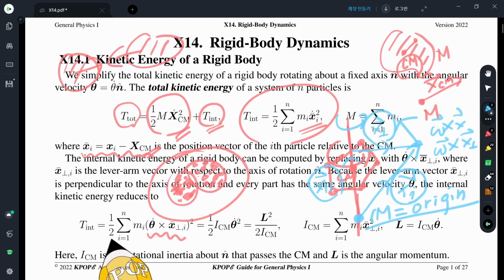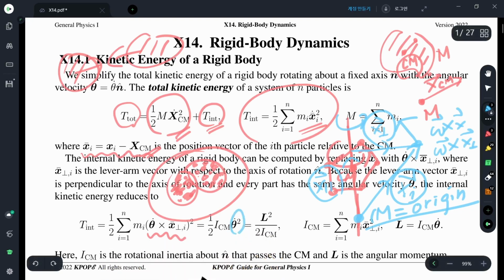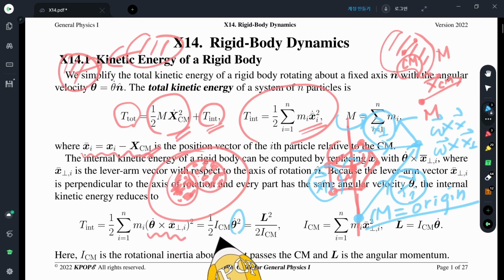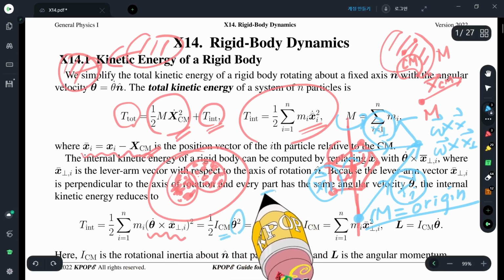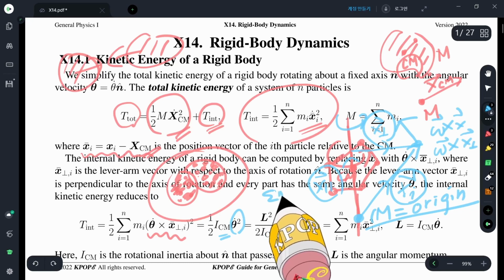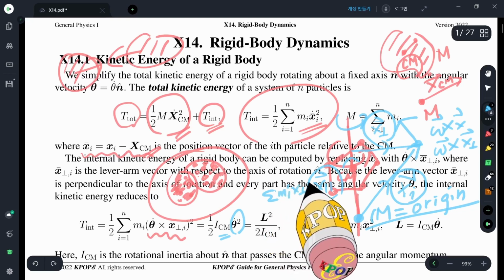Therefore, the kinetic energy is expressed as proportional to theta dot squared, and the factor is the sum of 1/2 m_i x perpendicular_i squared.